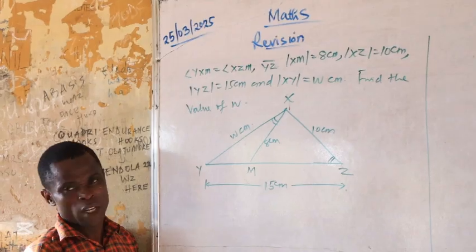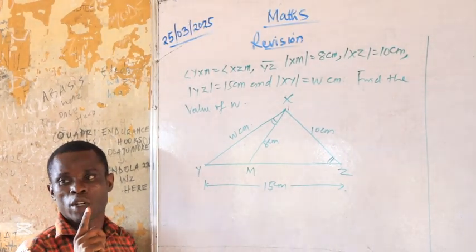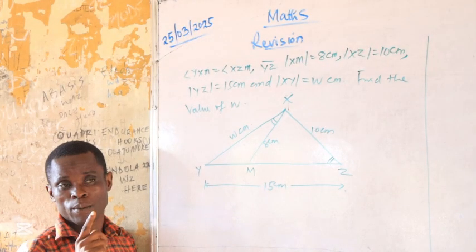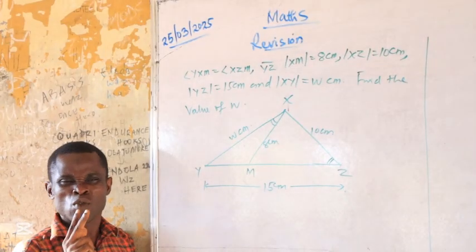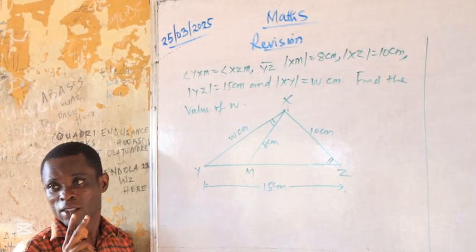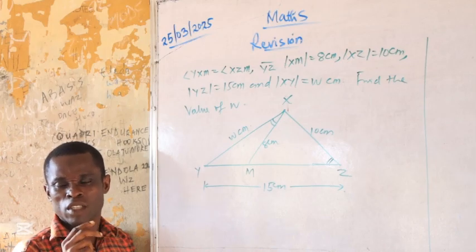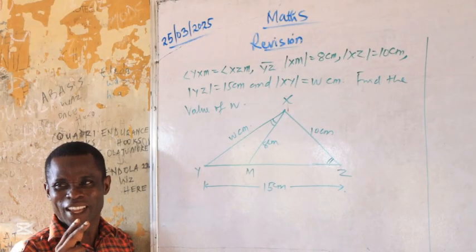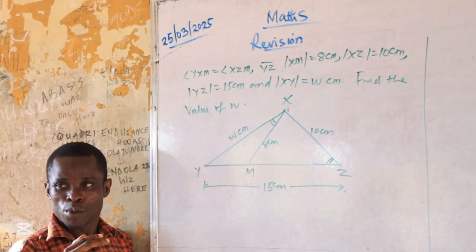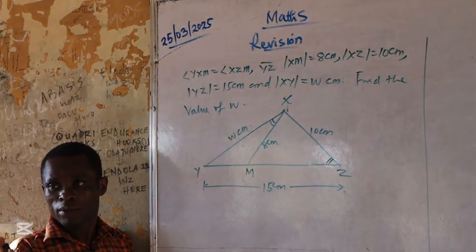Once they are equal, there is a difference between similar triangles and congruent triangles. If two triangles are congruent, you are going to have equal angles and equal sizes. But if two triangles are similar, you can have equal angles but different sizes, but the ratio of one must correspond to the other.